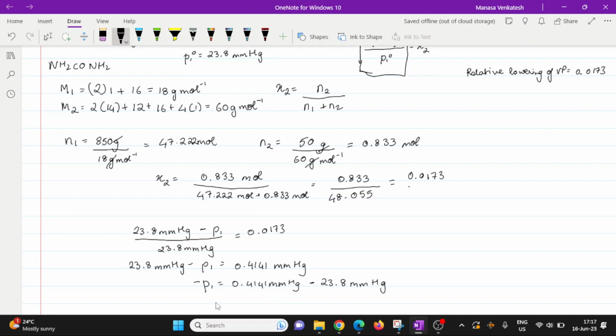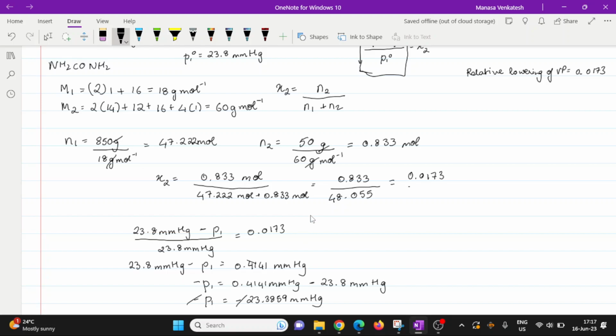And then this gives us minus P1 equals minus 23.3859 mmHg. And then obviously the negatives get cancelled. So the vapor pressure of water in the solution is 23.3859 mmHg.